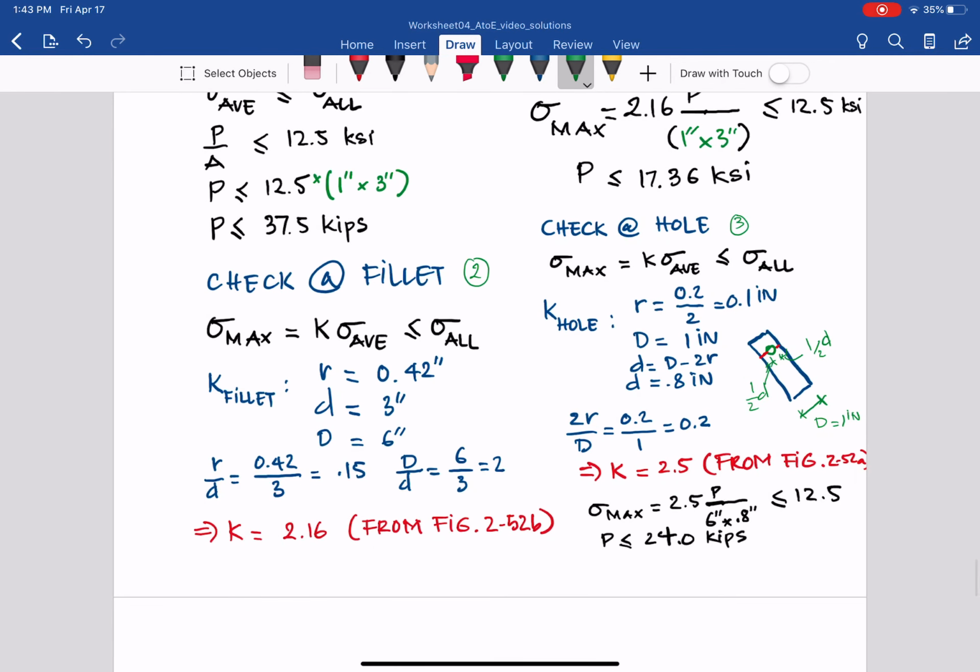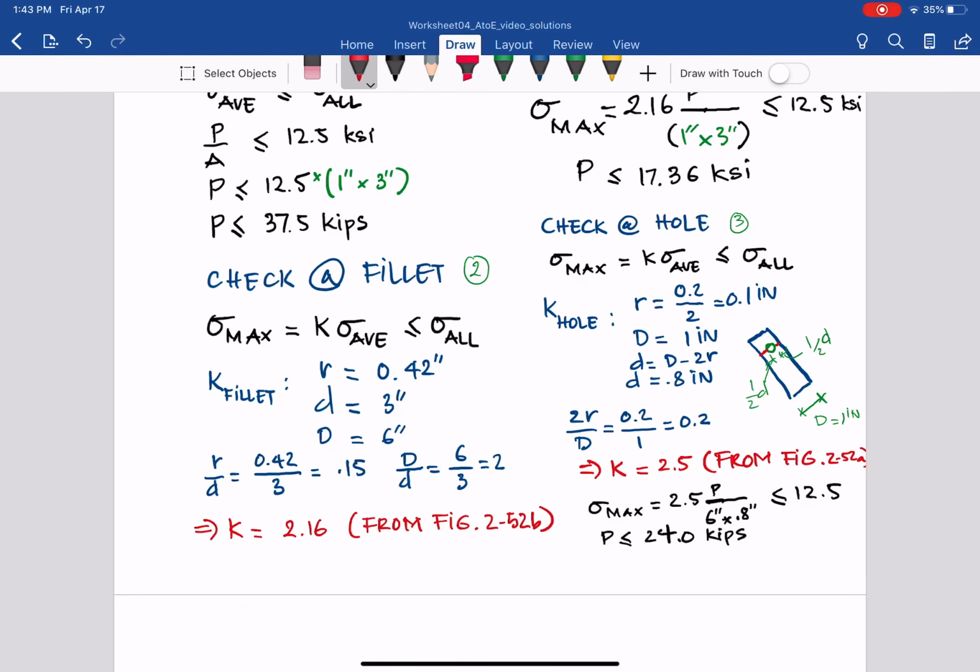So as you can see, from that you can have P max equal to 17.36 kips.